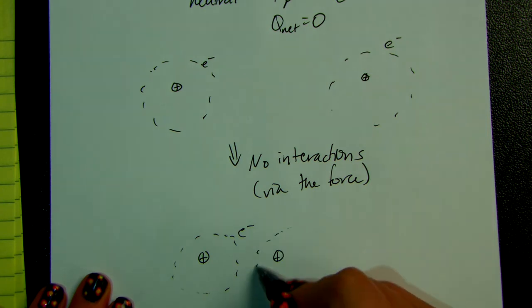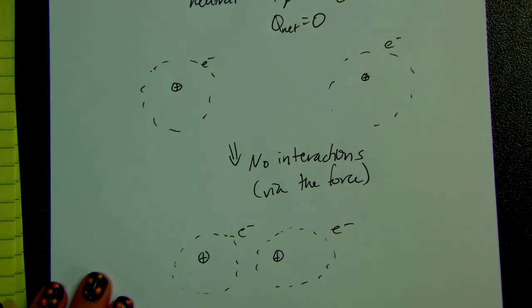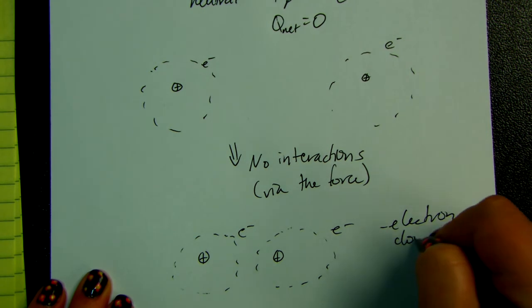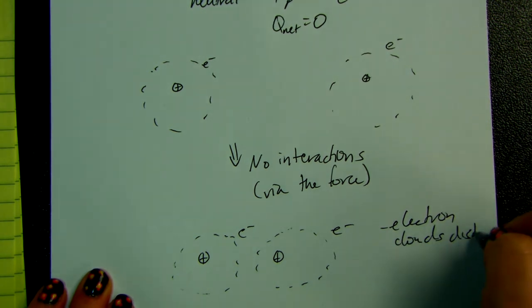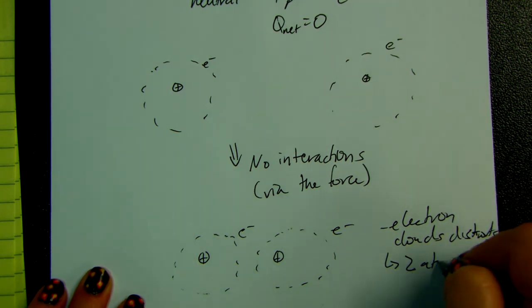Whereas this electron cloud is going to be like, oh gosh, I see another negative particle over there. Yuck, I'm going to distort in this way. So the electron clouds distort, and the two atoms will attract.